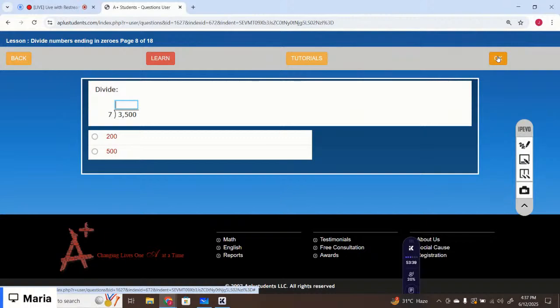So 3,500 divided by 70, which is the correct option?